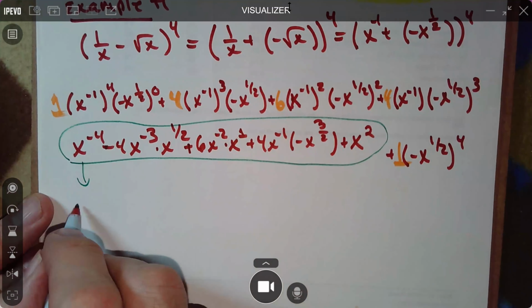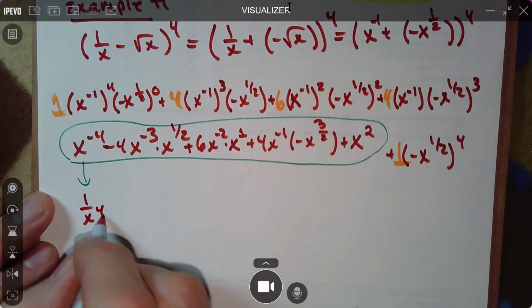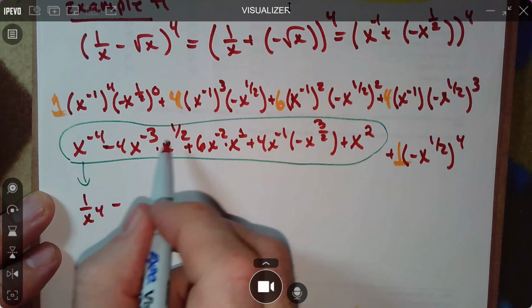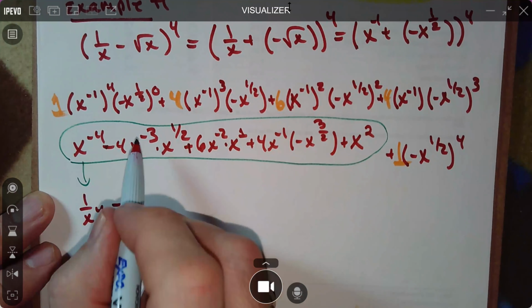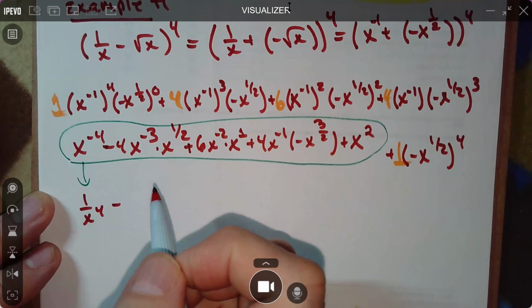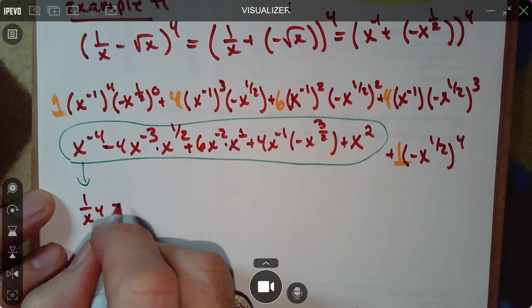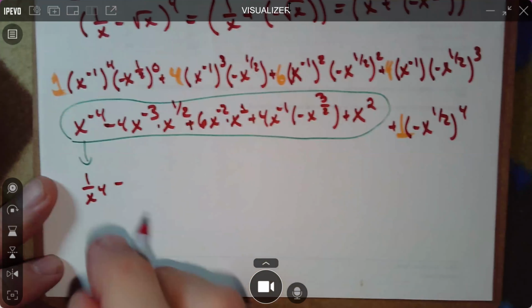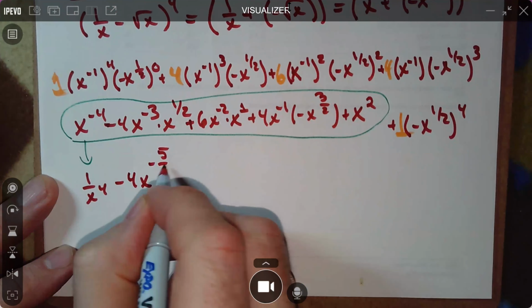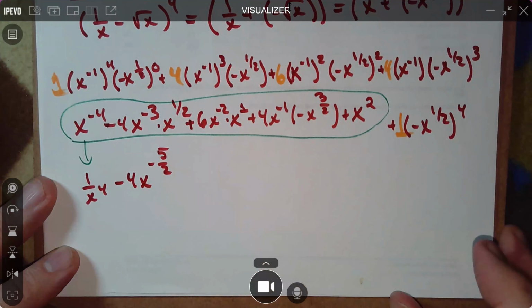Yeah, 1 over x to the 4th. And then this, well, let's see, if you add exponents, that's negative 3 plus 1/2. That's negative 2.5. So, I'm going to do this in 2 steps. Do 4x to the negative 2.5 is also 5/2.